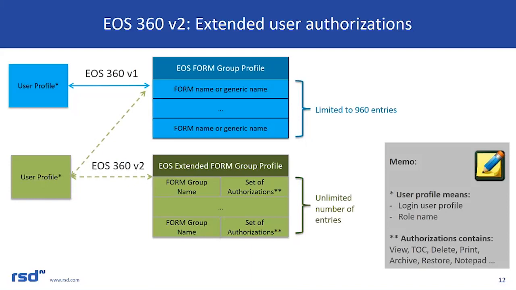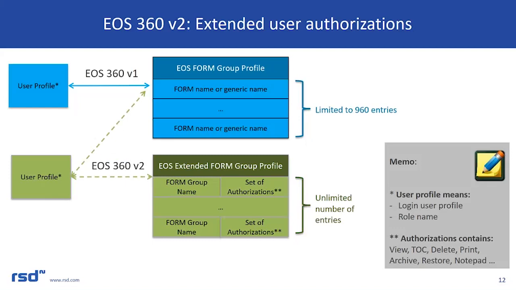Since that's not enough for some of our customers, as most of you know, you've got thousands of forms. In version 2, we've created what we call the extended form group. This can now be used to regroup a number of form groups which have been associated to a user profile. Here we have a new type of profile.